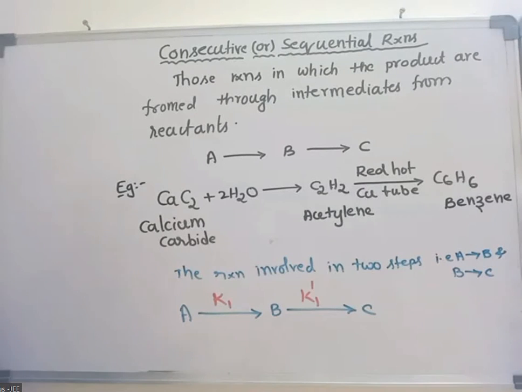All of us are well known about that. Rate is directly proportional to concentration of reactants. The more the rate constant, the more easily the product is formed.